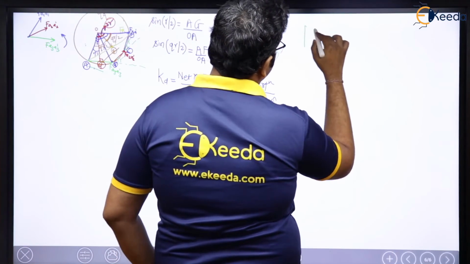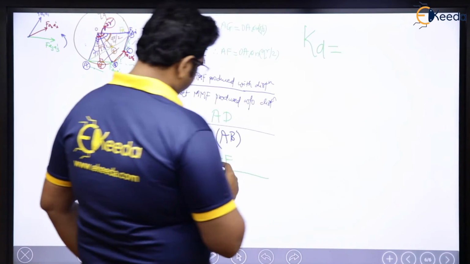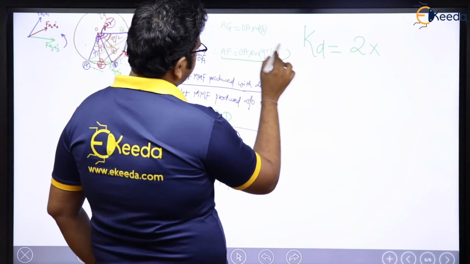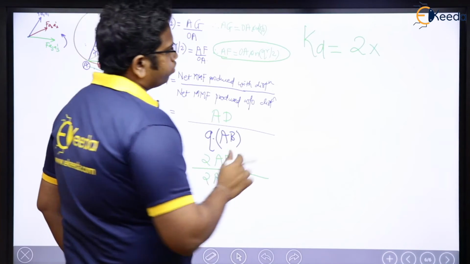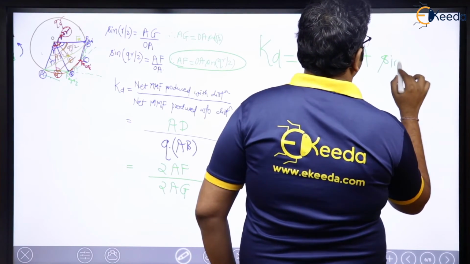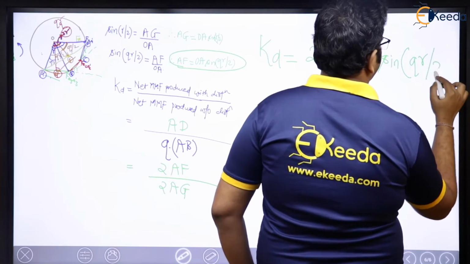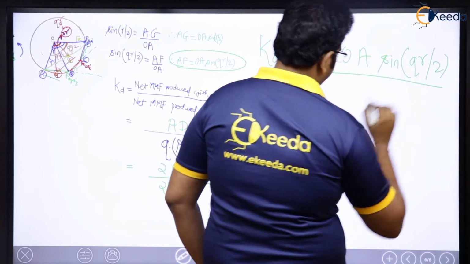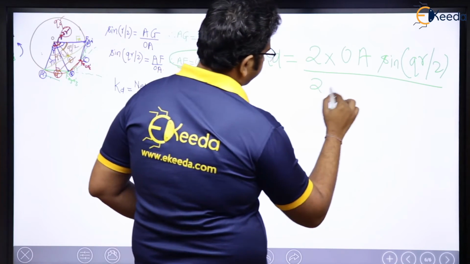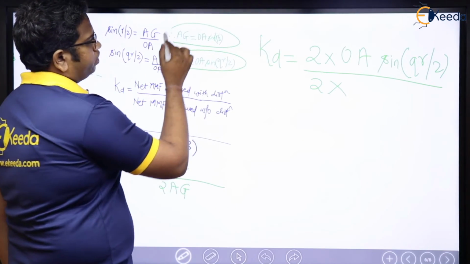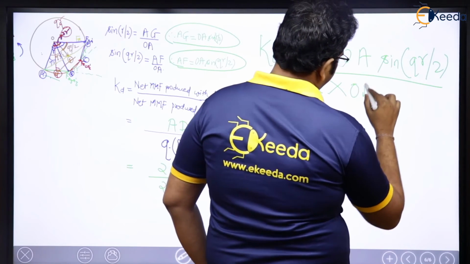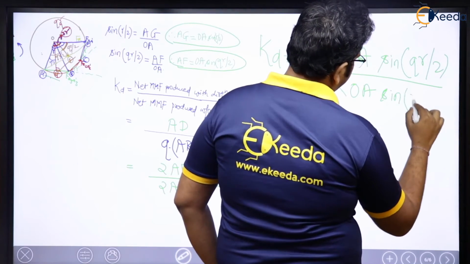See, KD is going to be 2 times AF, which means AF is replaced by OA sin Q gamma by 2. Whereas 2 times AG, AG is OA sine gamma by 2.